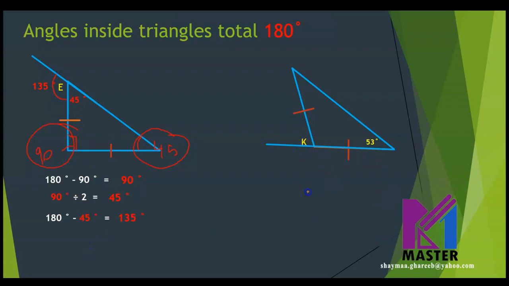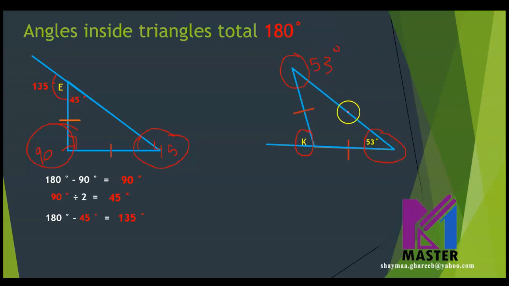Now look at this example. I need to calculate the exterior angle K. And this is an isosceles triangle, which means two equal angles. This angle is equal to this angle. And we know this angle is 53, then this angle is 53 degrees as well.